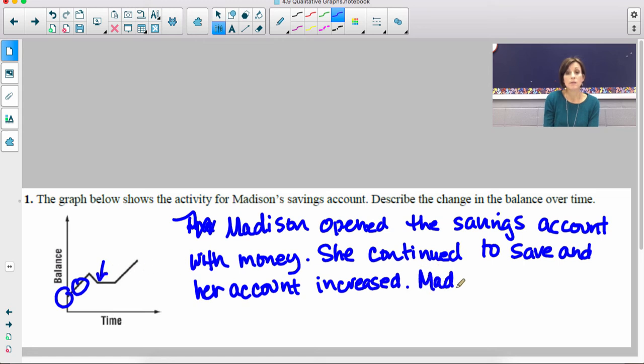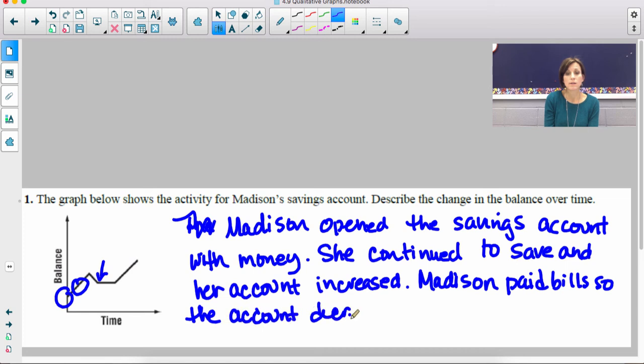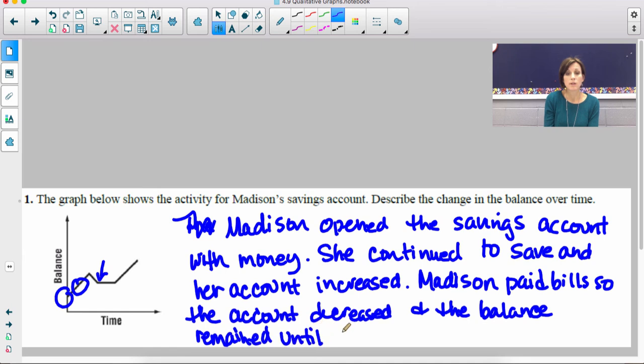Madison paid bills or took out money. So the account decreased. And the balance remained. So it stood there, it didn't change, so it remained there until her next deposit.